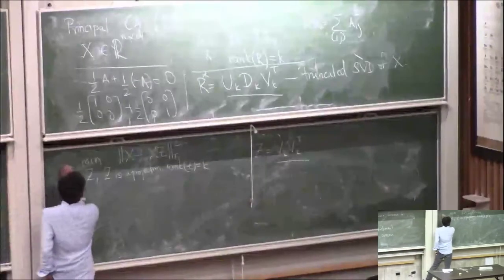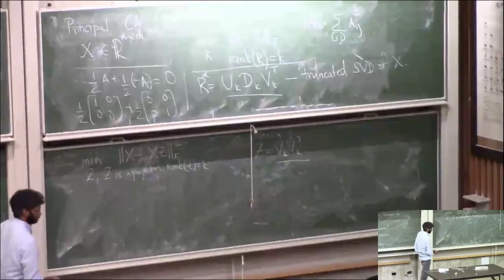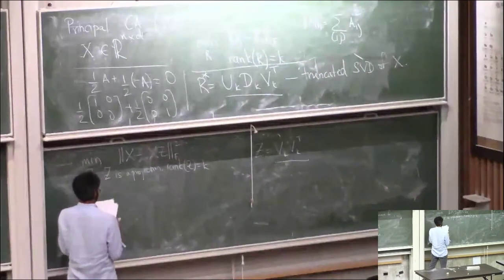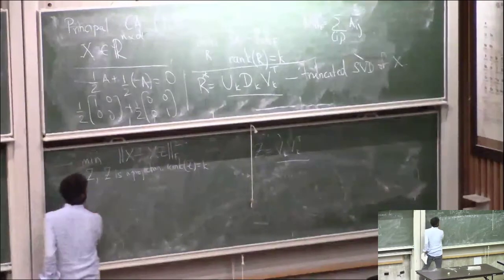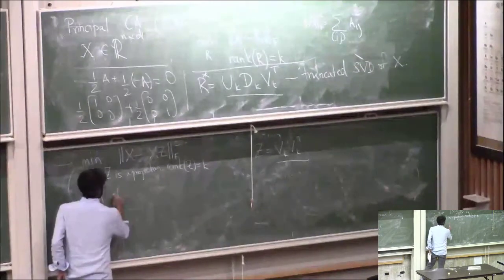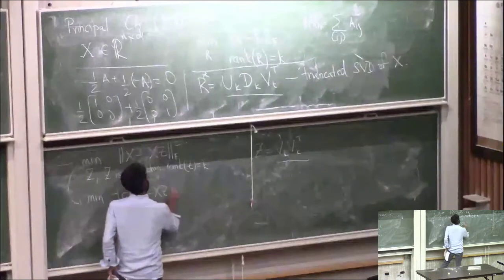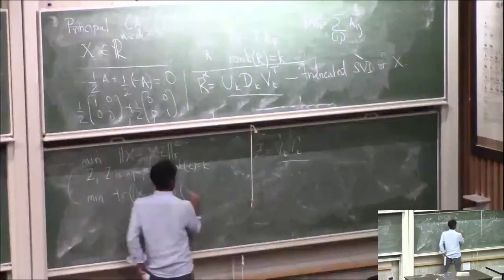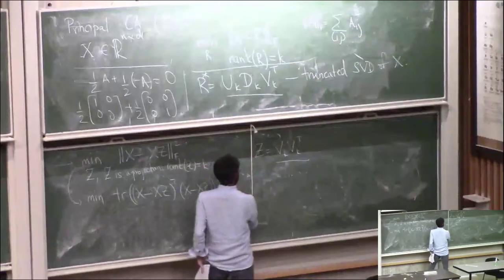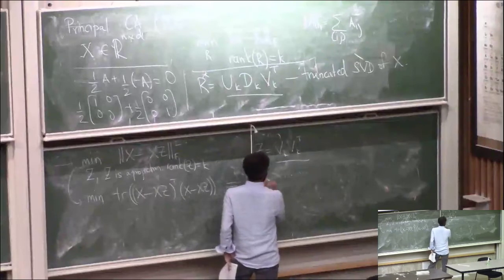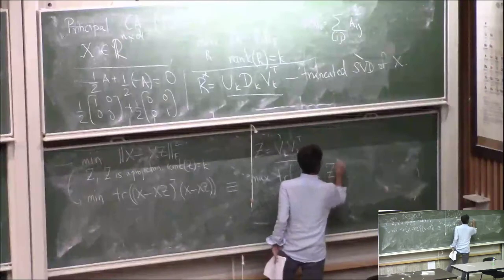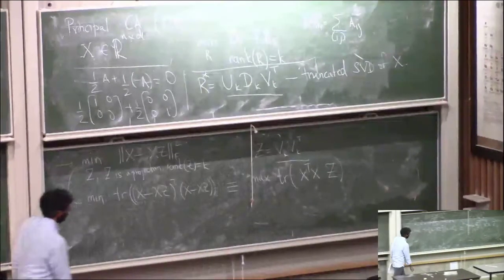So you can now say, okay, what is the set that I'm really optimizing over? There are two things. One of them is, you can expand out the square. This is equivalent to minimizing, which in turn is equivalent to maximizing the trace of X transpose X times Z. So the objective you can just rewrite.